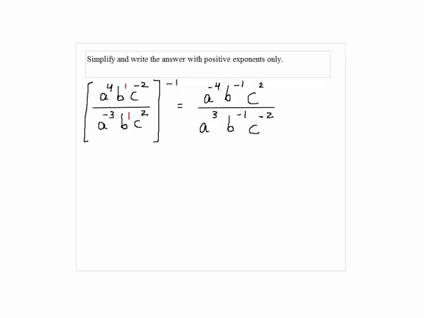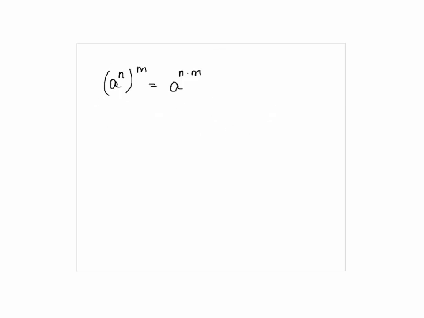Great. Now, the next property that we have is if I have a to the power of n over a to the power of m, can you tell me what this would become? That would be a to the power of what?